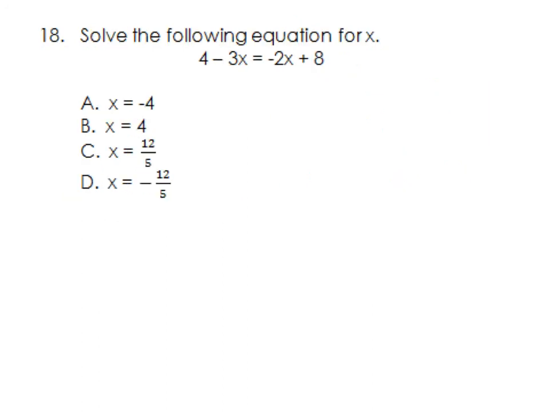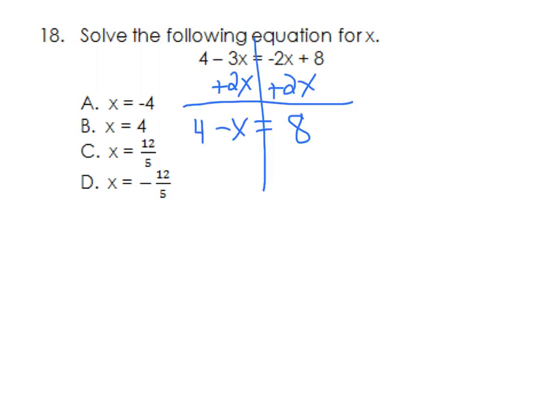The biggest thing to remember on this is that we have to get all of our x's to one side. So think about the playground bully and the rules of the playground. Once I move my 2x, and I move it by zeroing out the -2x with a positive 2x, then I'm left with 4 minus x equals 8. So now I'm solving for x.